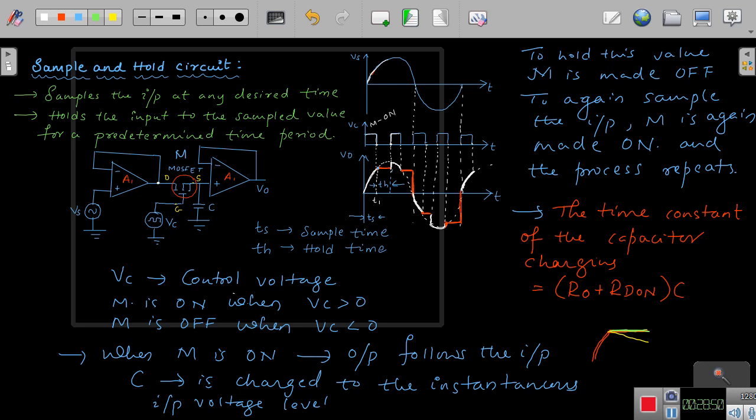And there may be a small leakage in the reverse direction also. So whenever the MOSFET is conducting, it will have a very small reverse leakage current also, which may flow from source to drain. All these things matter, whether your charge is held to this value, or it may be like this, or it may be like this, right?